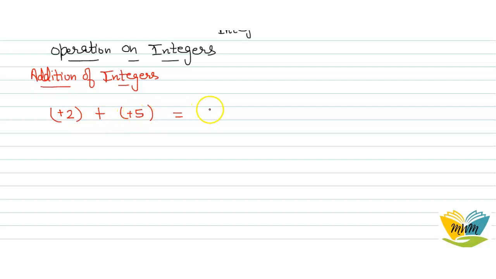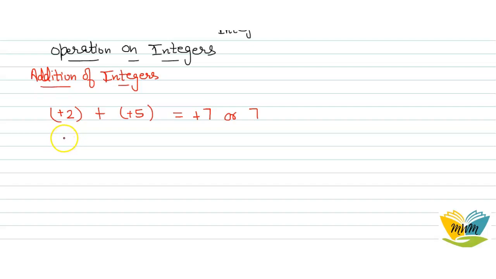Plus and plus means we add 2 and 5. When added, they become 7. And the greater number is of positive symbol, so we can write +7 or simply 7.